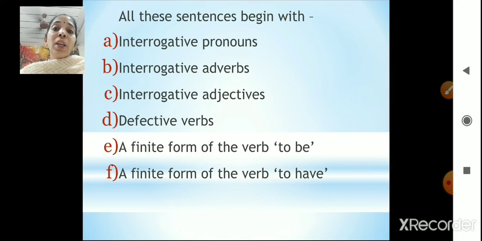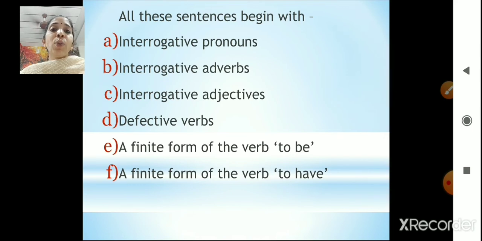An interrogative adverb is an adverb that asks a question about place, time, manner or reason. Examples of interrogative adverbs are why, where, when and how.